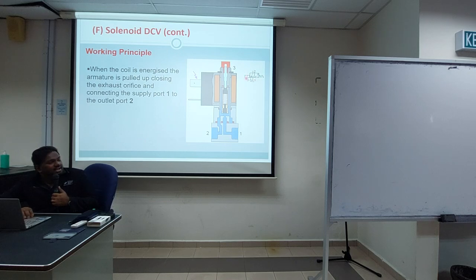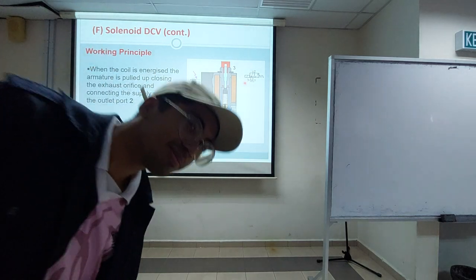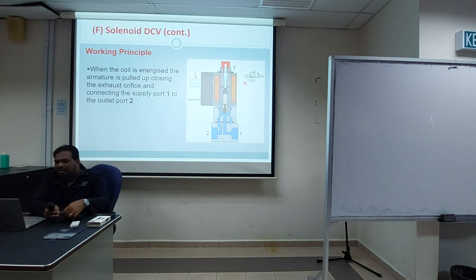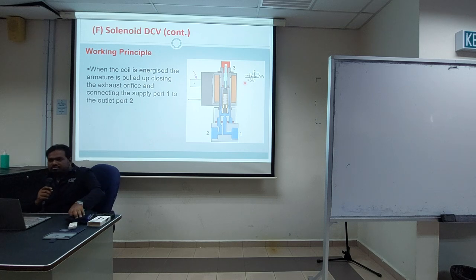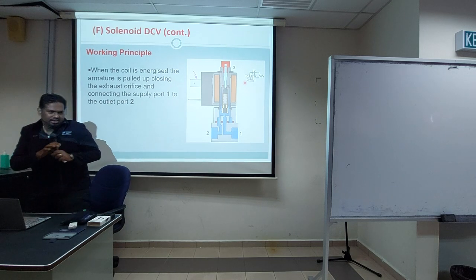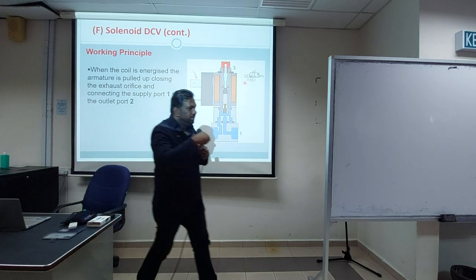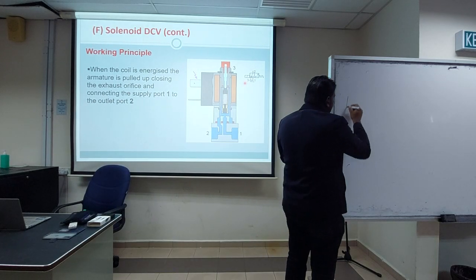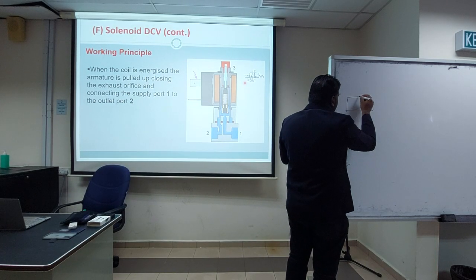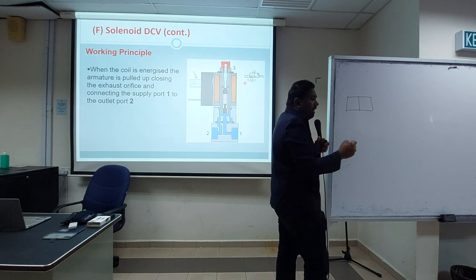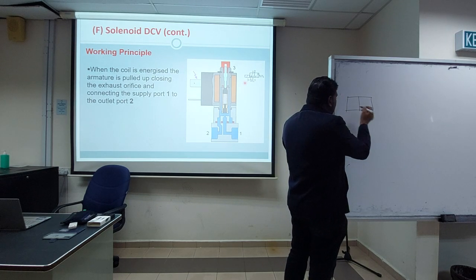So if you see there's a line, a diagonal line, so you tahu yang itu adalah solenoid. Okay. Normally direction control valve akan ada dua part.